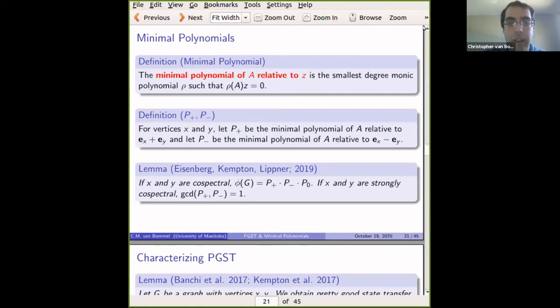And if x and y are strongly cospectral, then p plus and p minus should have no common factors. And this approach for considering pretty good state transfer was investigated by Eisenberg, Kempton, and Lipner.